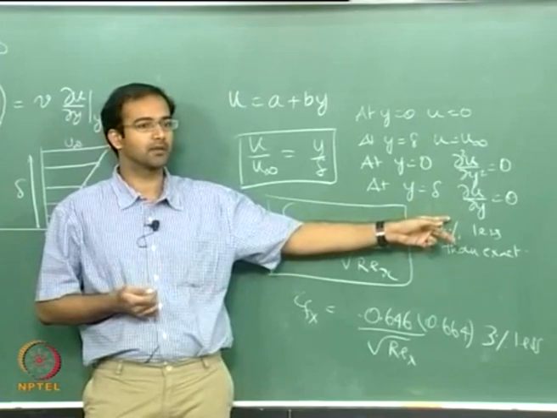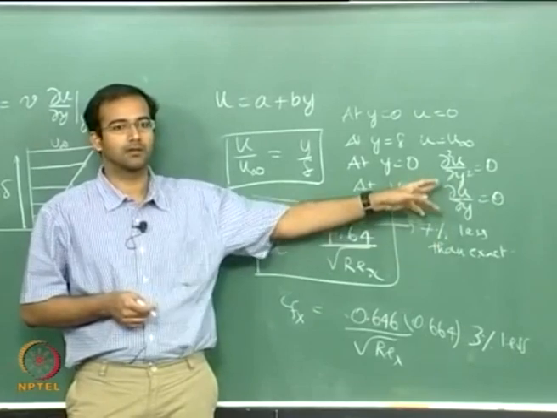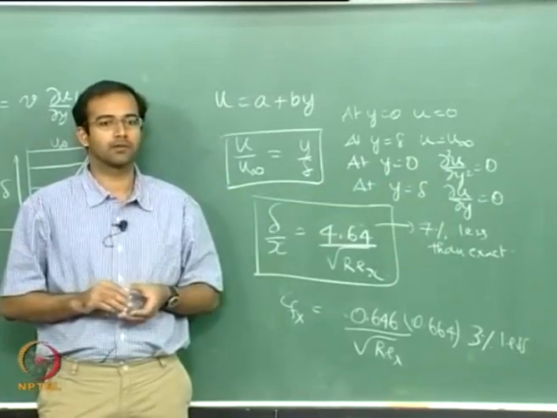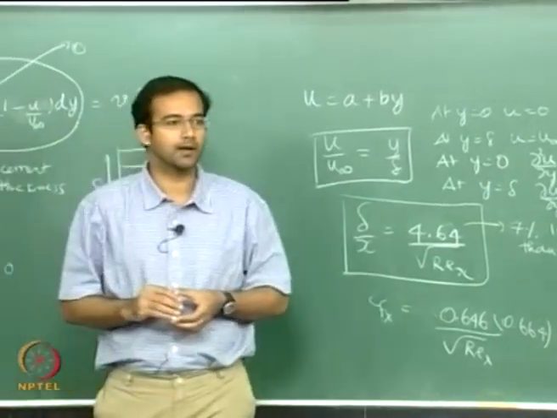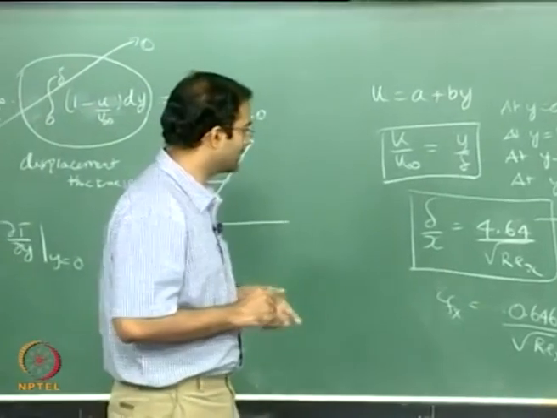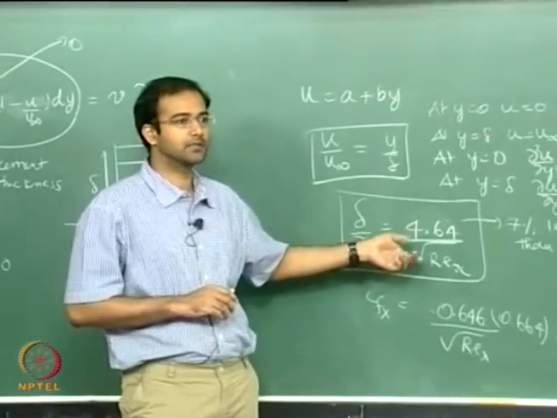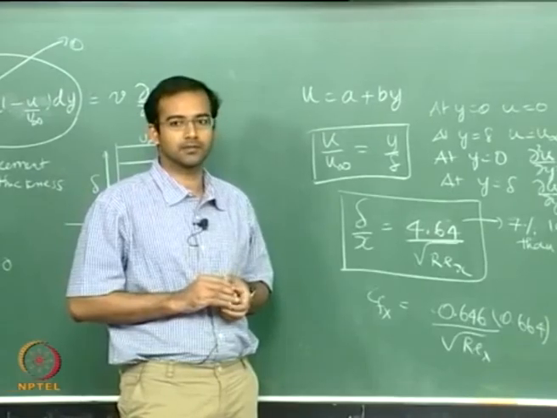For example, if you introduce an additional constant, you have to say d square u by dy square equal to 0, and further d cube u by dy cube at y equal to 0 is 0, and so on. So they are relatively less important, and therefore you will not get a significant improvement beyond this. In fact, using a quadratic polynomial will even deteriorate the solution.